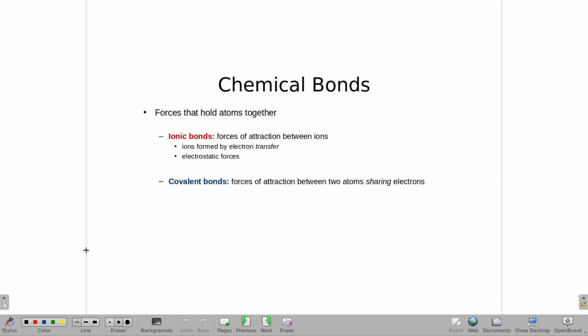Okay, so chemical bonds are simply the forces that hold atoms together, and there are two main types that we're going to be covering in this chapter. Ionic bonds, which are attractions between cations and anions, or we could even say metals and nonmetals, because that's where we see them most of the time.